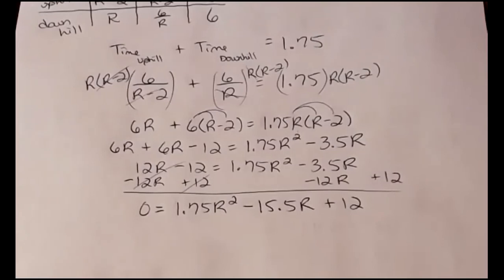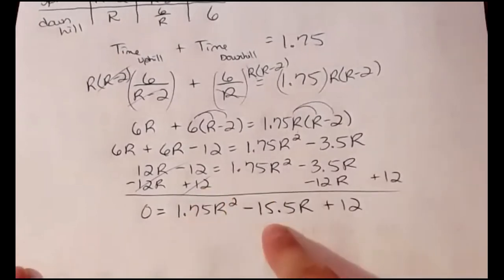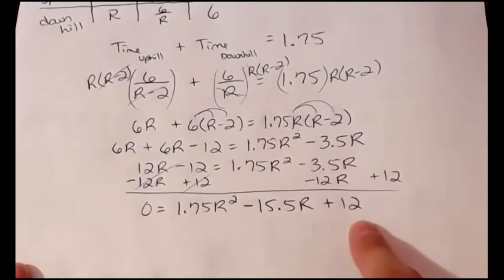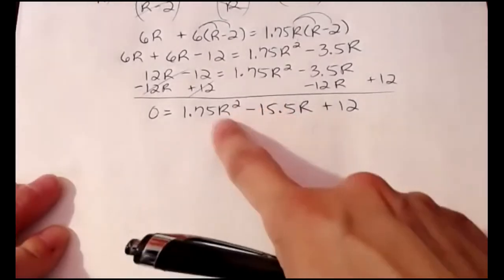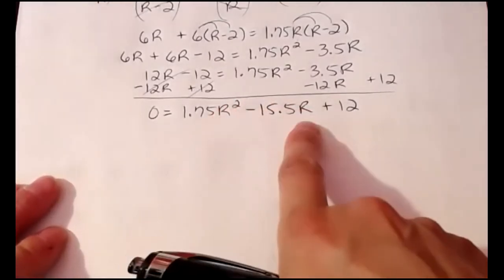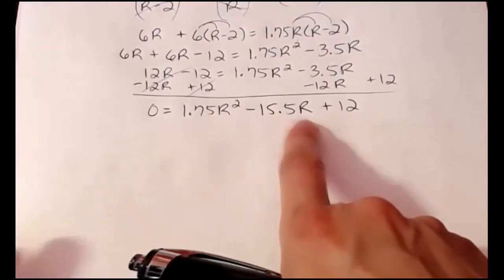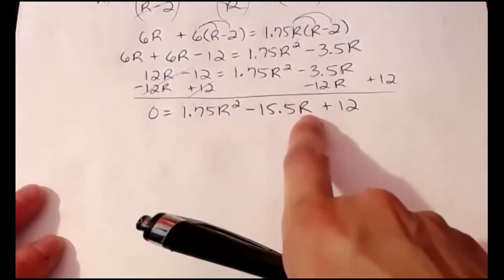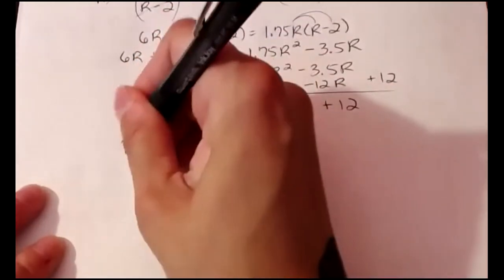Okay, very cool. Let's use the quadratic formula. A is 1.75, B is negative 15.5, and C is 12. Notice X is the same as R in this case. So we write R equals, it's not X equals, it's not T equals. It's based on whatever variable you have here. So we're solving for R using the quadratic equation.